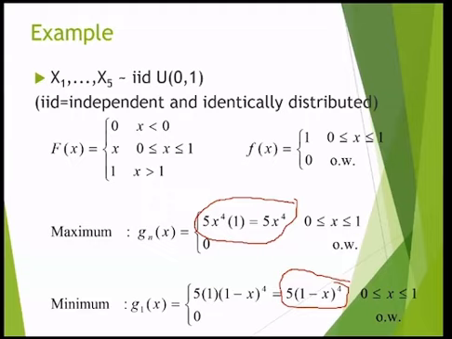I understand. When you look at the distribution of the maximum, you can see 5x raised to the power 4. That is a distribution on its own that can be validated over the range of 0 to 1, so I can go there and do normal statistics like the expectation of X. It doesn't matter. I understand what you mean. That's a good question. Okay, now I want to move on.